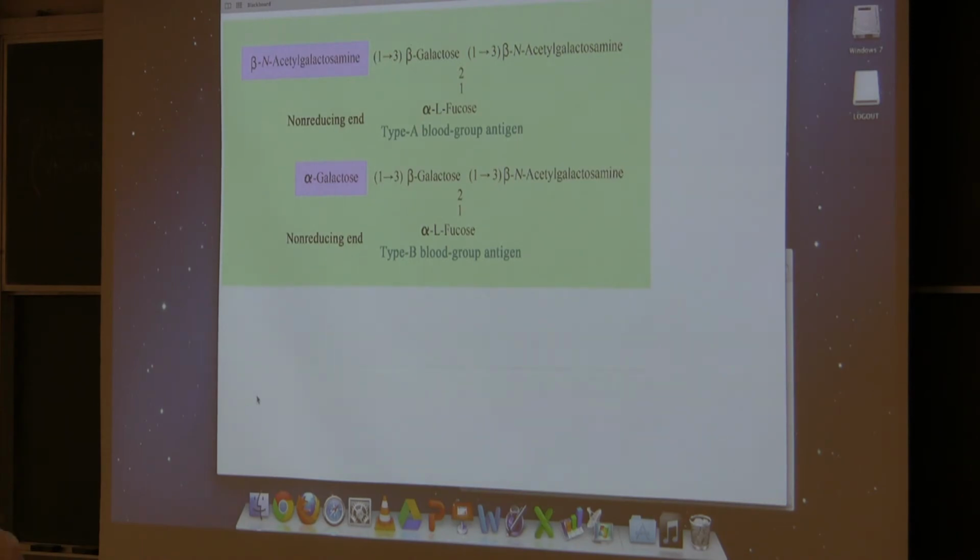Because it doesn't have any specific thing that activates the immune system. So I can put O negative blood into a patient and not have the consequences that I have if I were to try to put an A into a B, for example. Does that make sense? Clear as mud? But the important point here is that the oligosaccharides on those blood glycoproteins are what give rise to the different blood types.